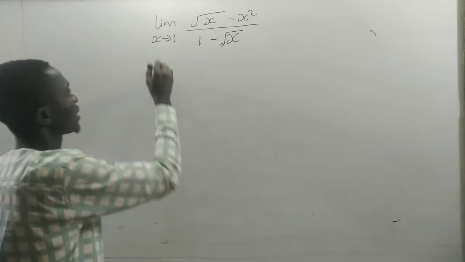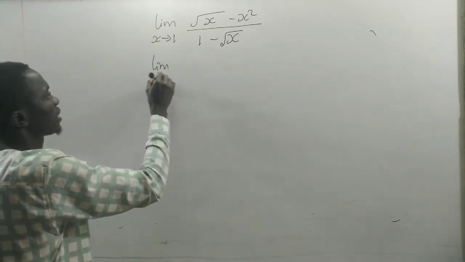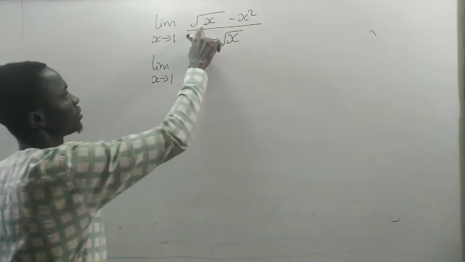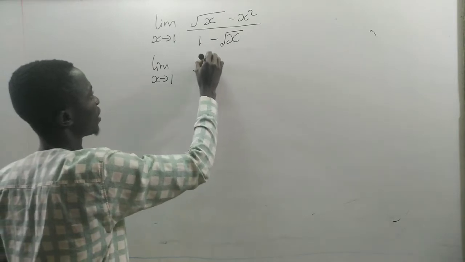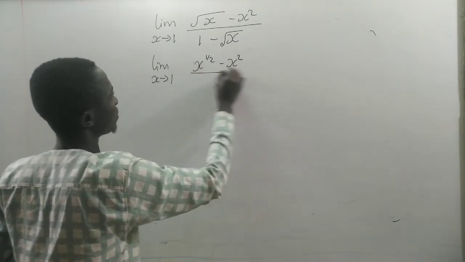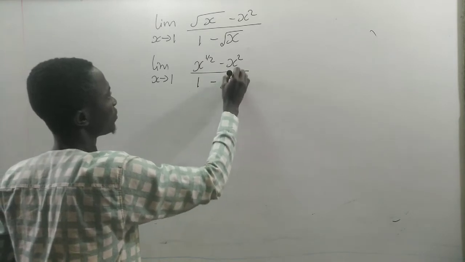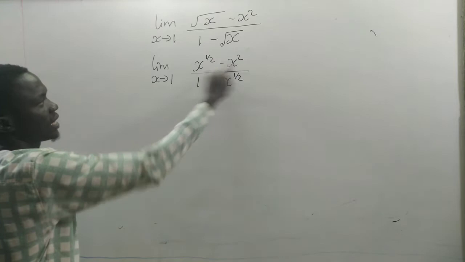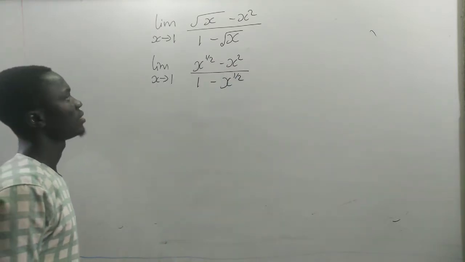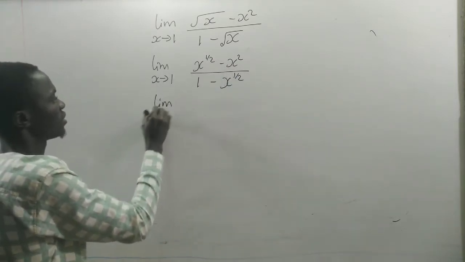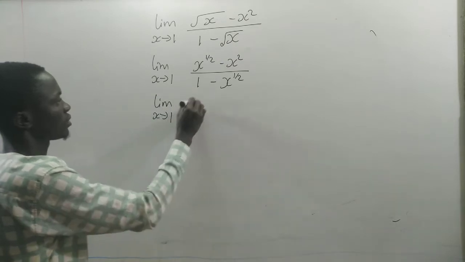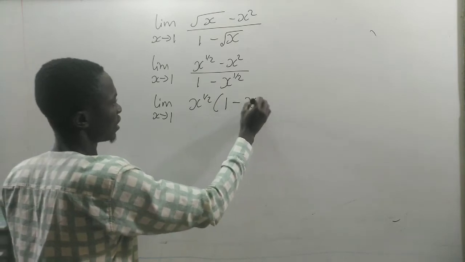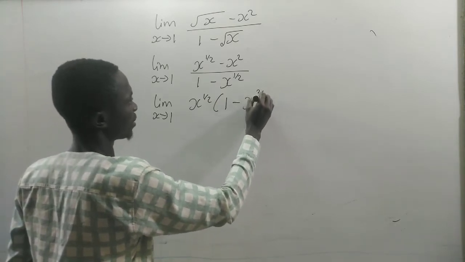So here let's take the limit as x approaches 1, and then write this one as x to the power half minus x squared divided by 1 minus x to the power half. So here you can factorize something out at the numerator. So we write the limit as x approaches 1, x to the power half into bracket 1 minus x to the power 3 over 2.